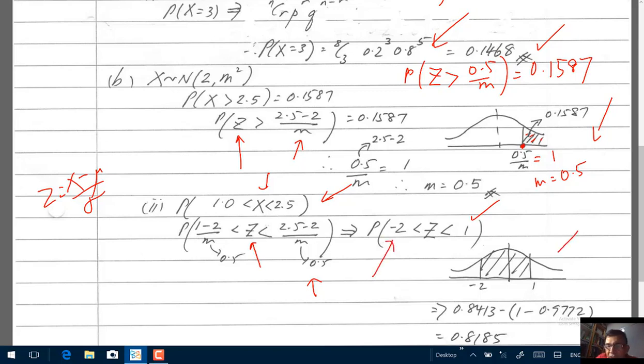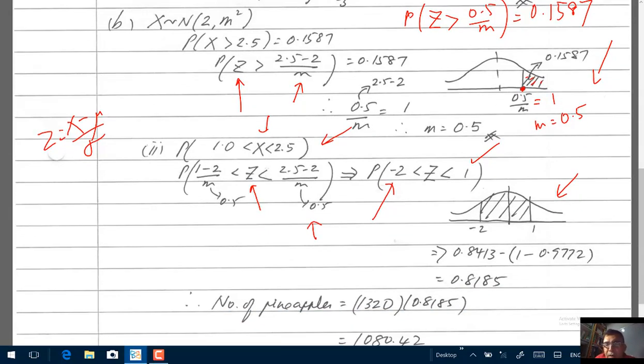Draw a picture, shade the area that is involved. The area is between z values of minus 2 and 1. So this value here, I've taken is 0.8413, the area. And this value here, the area is 1 minus 0.9772. Use the tables that you're provided in the exam.